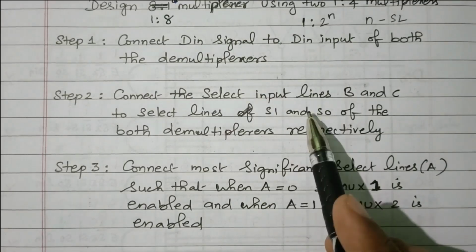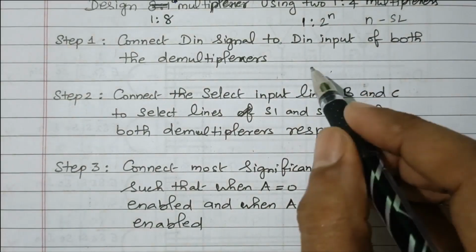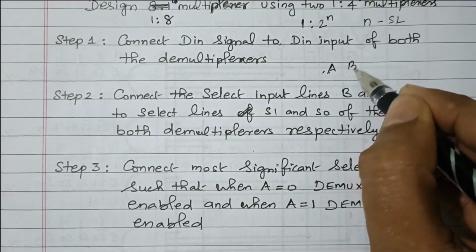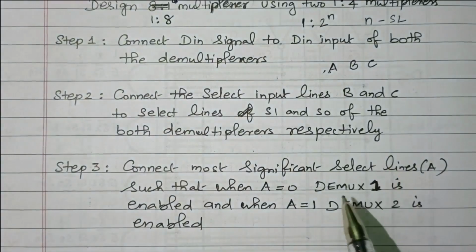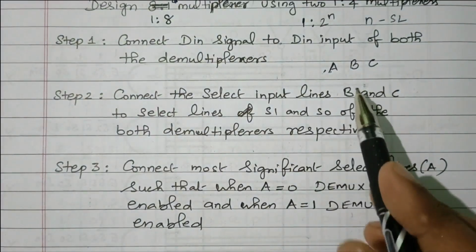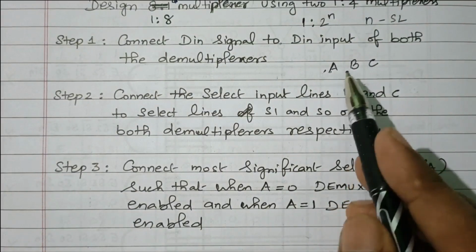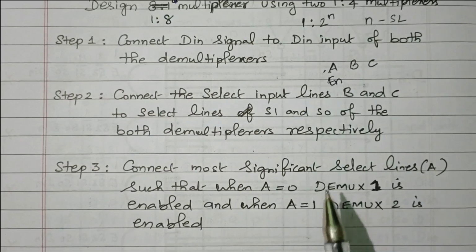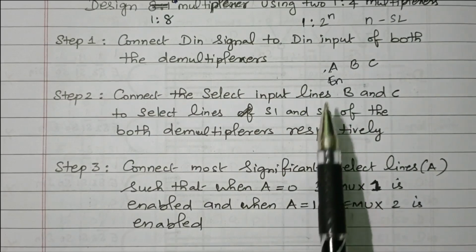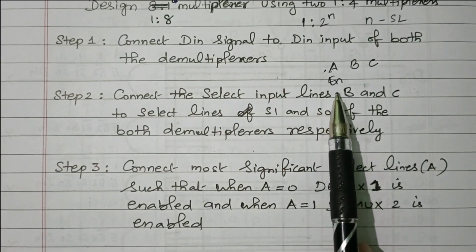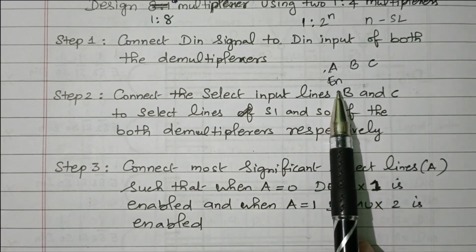Now we'll see the selection lines. There are 3 selection lines for the 1:8 demultiplexer. Let us consider the 3 signals A, B, C. A is the most significant bit and C is the least significant bit. The most significant bit is used for enabling the demultiplexer. Because we have two 1:4 demultiplexers available, we need to enable one demultiplexer at a time, and the other demultiplexer is disabled.